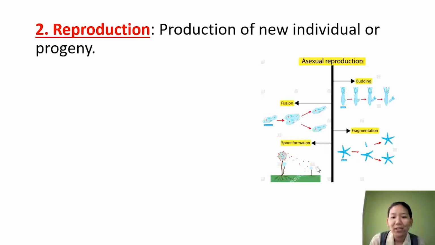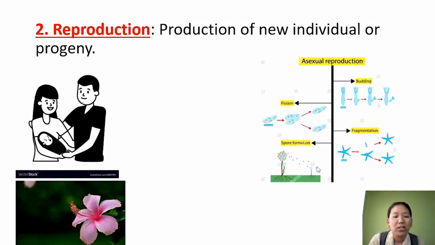And here there is involvement of only one parent, and the progenies produced from the parent are identical to the parent. There is no genetic variation. So this is how reproduction takes place by asexual means. In contrast to this, we have sexual reproduction, where there is involvement of both the parents.